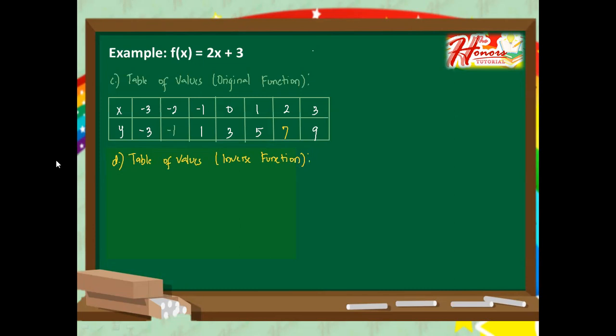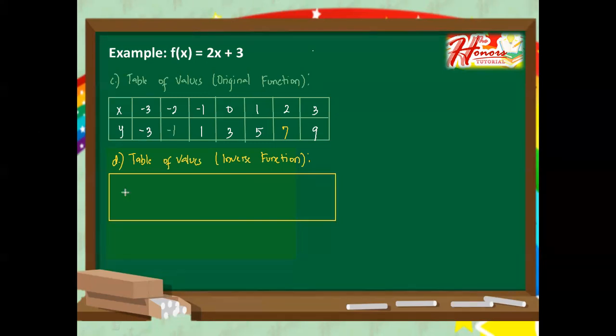For the table of values for the inverse function, no need to compute, but make sure that you will be having 8 divisions here also, just like the original function. So that's 2, 3, 4, 5, 6, 7, 8.